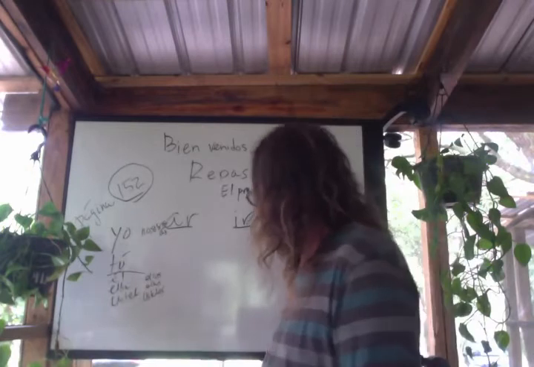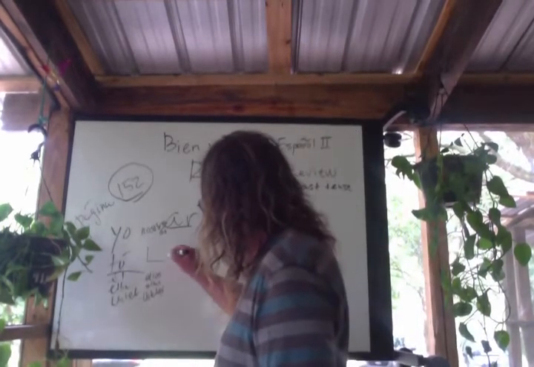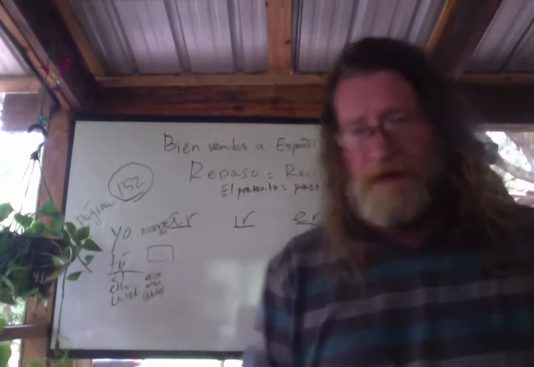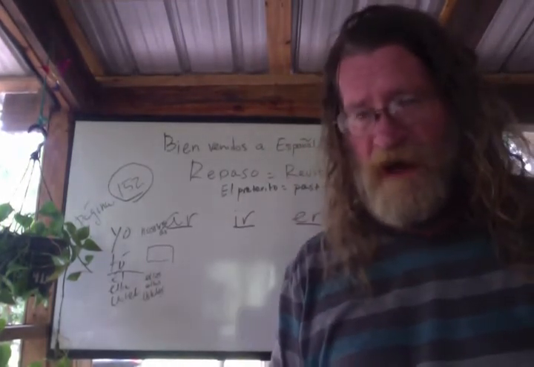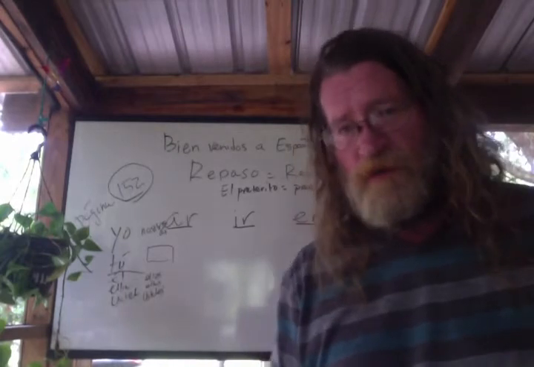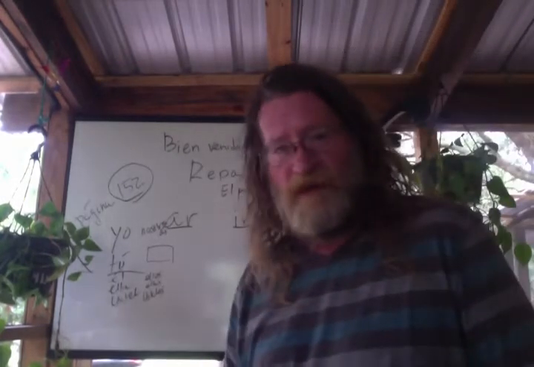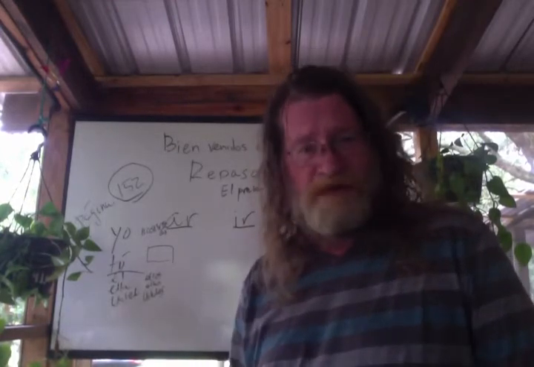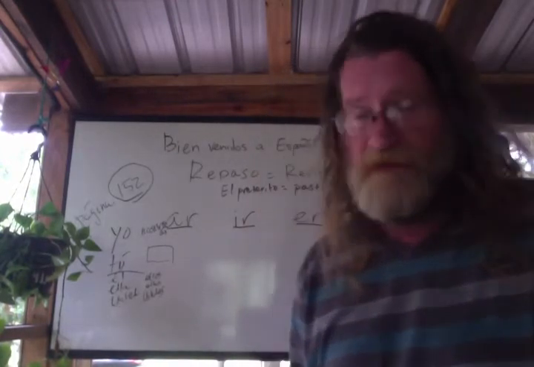Now I'm not teaching you this form right here, the vosotros form, and the reason I'm not going to teach you that is I don't want to spend your time learning something that is only used in Spain versus the rest of the world. Now if you go to Spain, you'll pick up vosotros just fine.